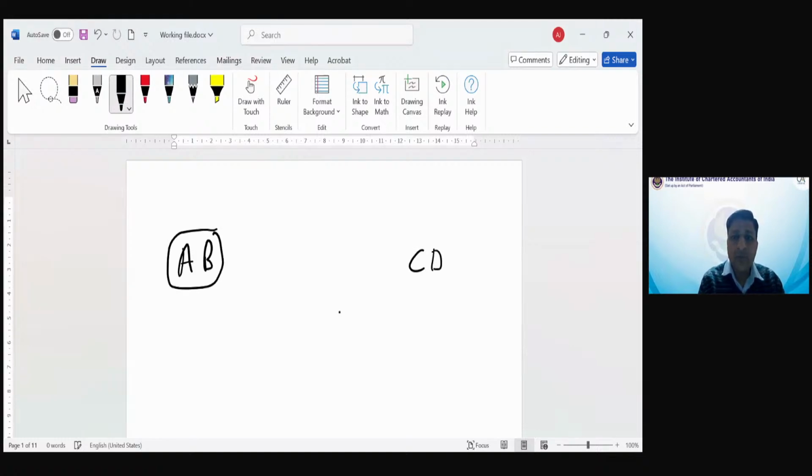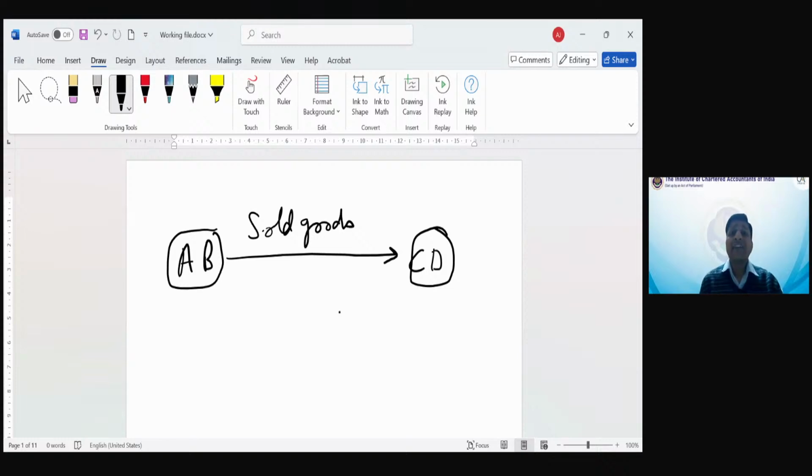AB has sold goods to CD. When did this happen? This happened on 1st of March X1.